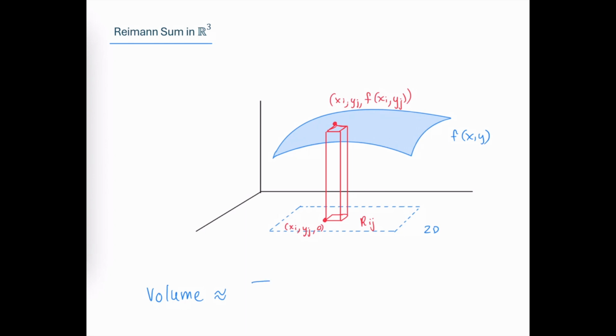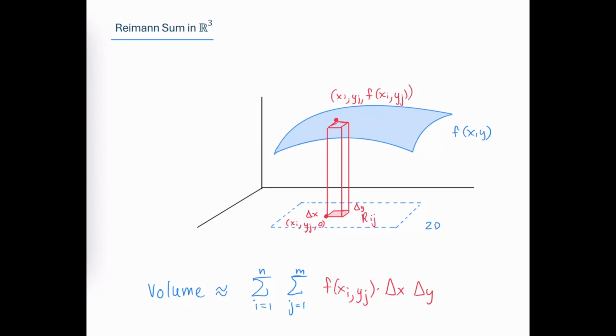And this Riemann sum was a double sum, the first as i goes from 1 to n, the second as j goes from 1 to m. To get the volume of this rectangular solid, we looked at the area of the base, which was delta x wide, delta y long, and then we multiplied that through by the height, which was determined by the function value.